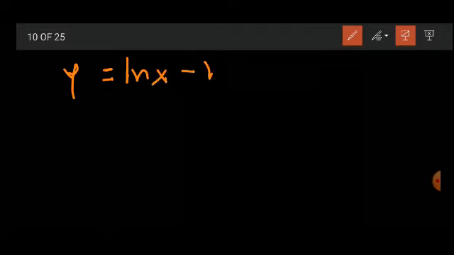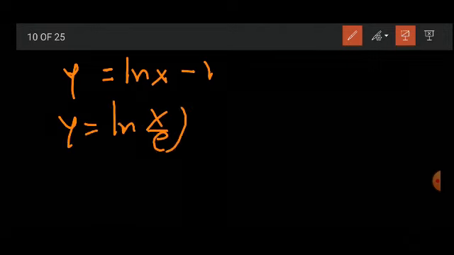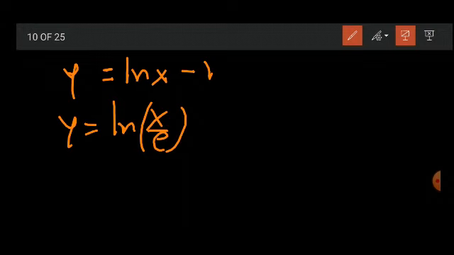Sometimes it can also be written as ln of x by e, and they can say you have to draw the graph of ln of x by e. That is the same thing. So ln x minus 1: you have to shift the graph downwards 1 unit.